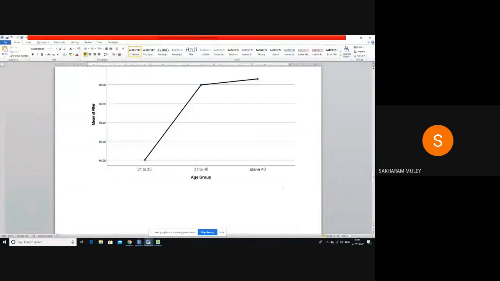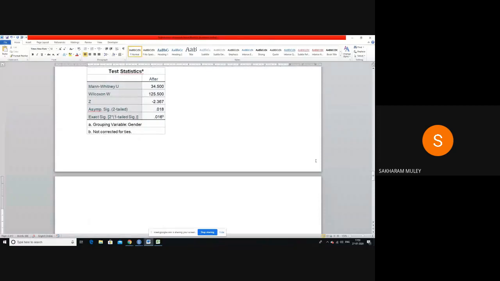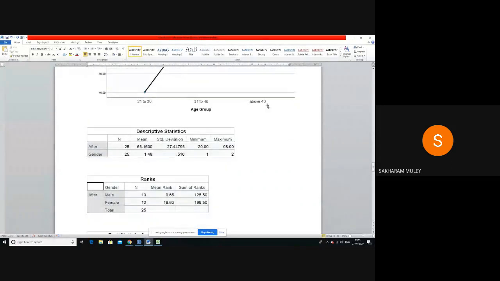What do these tables tell me? This is the after score, the descriptive, and I have used gender, but this is the problem with Mann-Whitney when you ask for descriptive.